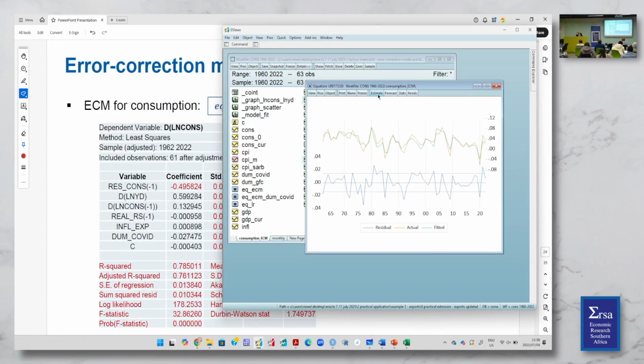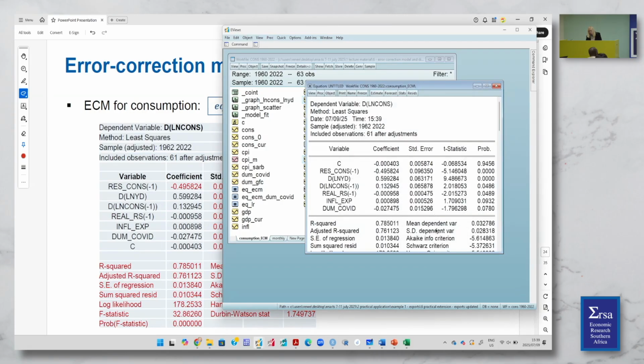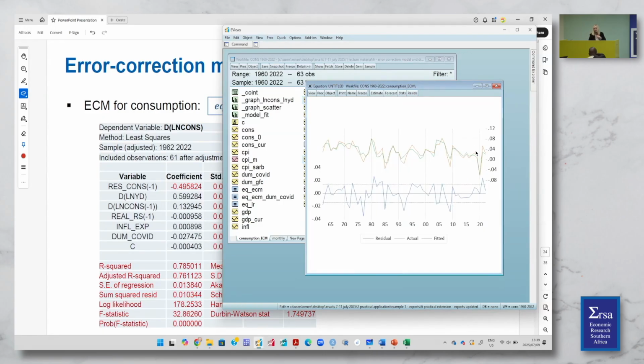You can see each time we add a variable, and the only last thing that I tested here was the DUM of COVID. So that served to detract from consumption, leaving us here.